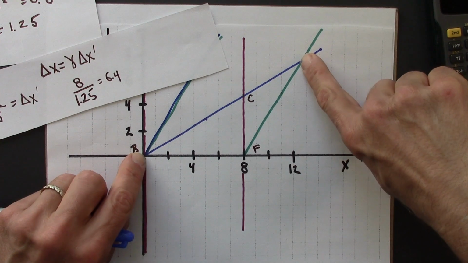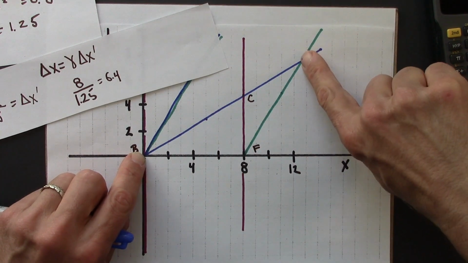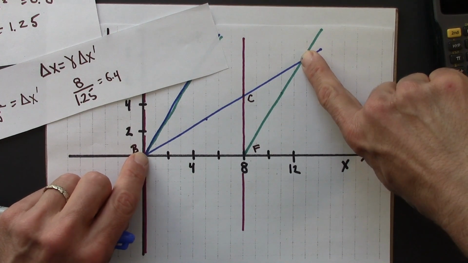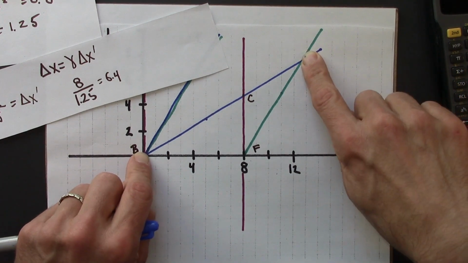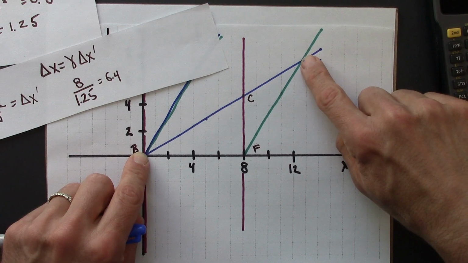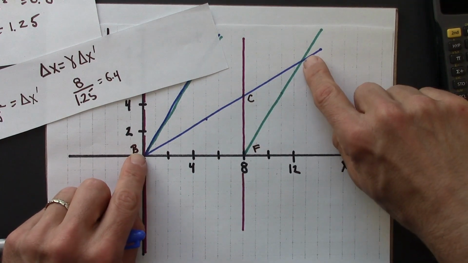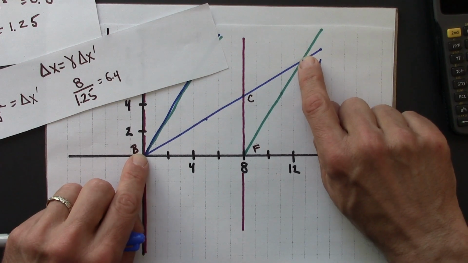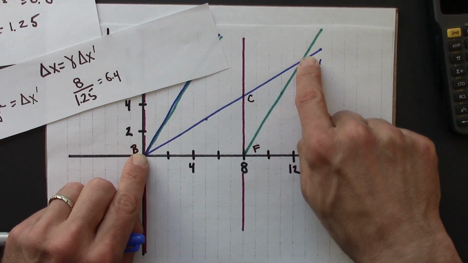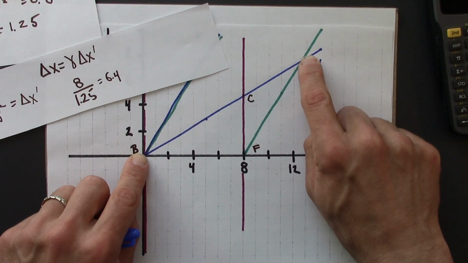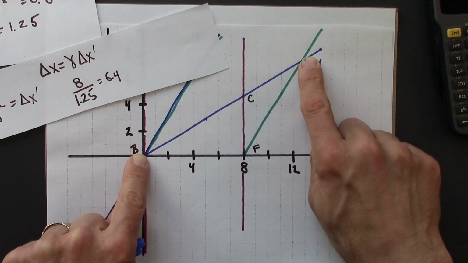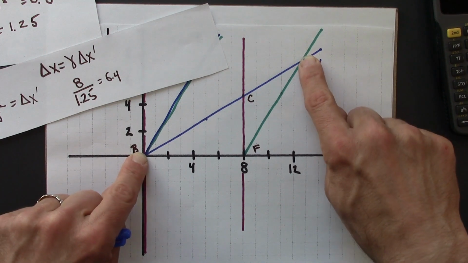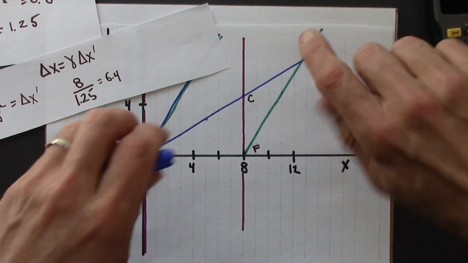This here along the x primed axis is the length of the pole. I know that because these are on either side of the object, and these two events are simultaneous according to Beowulf. And we've said that the rest length of the pole is 10. And so I know that this calibration is 10.